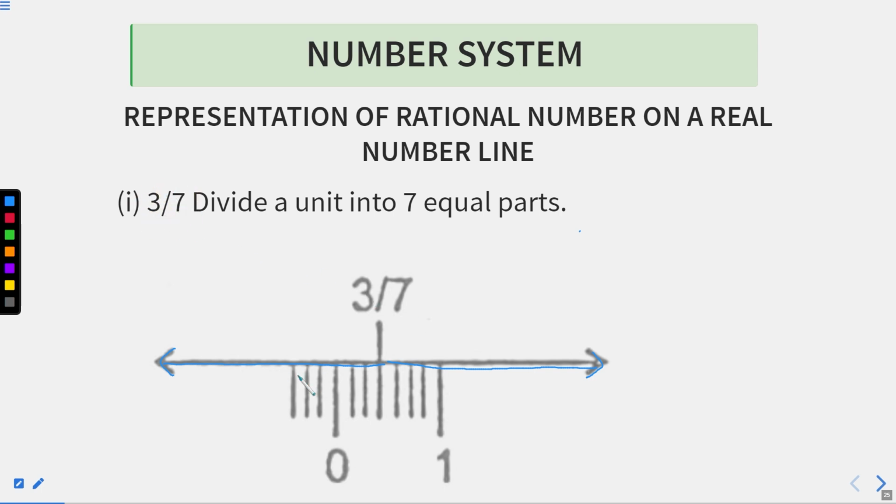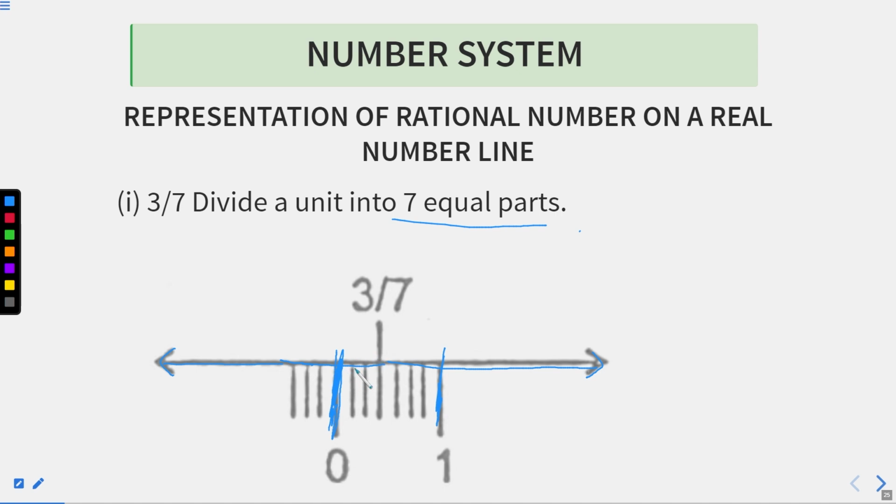We simply take the center, which is at 0, and from 0 to 1 we divide the part into 7 equal parts, and then take 3 equal parts out of 7.